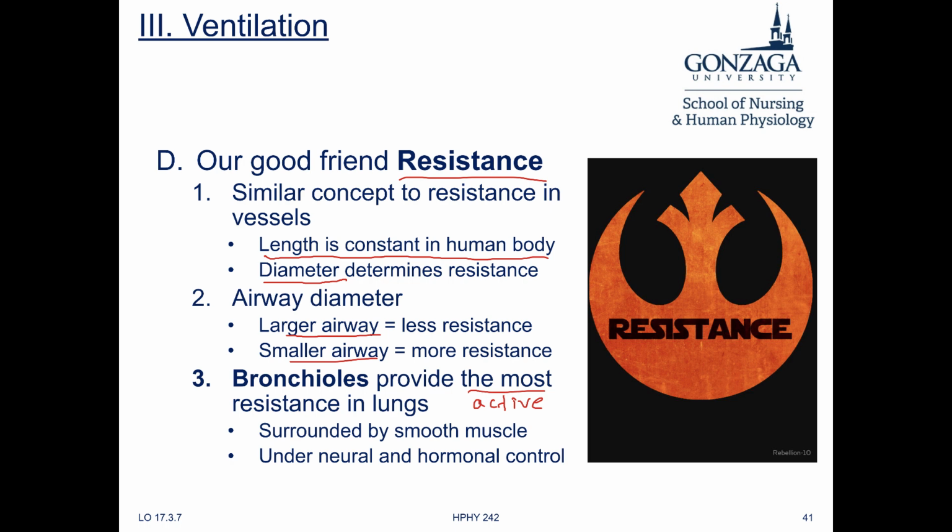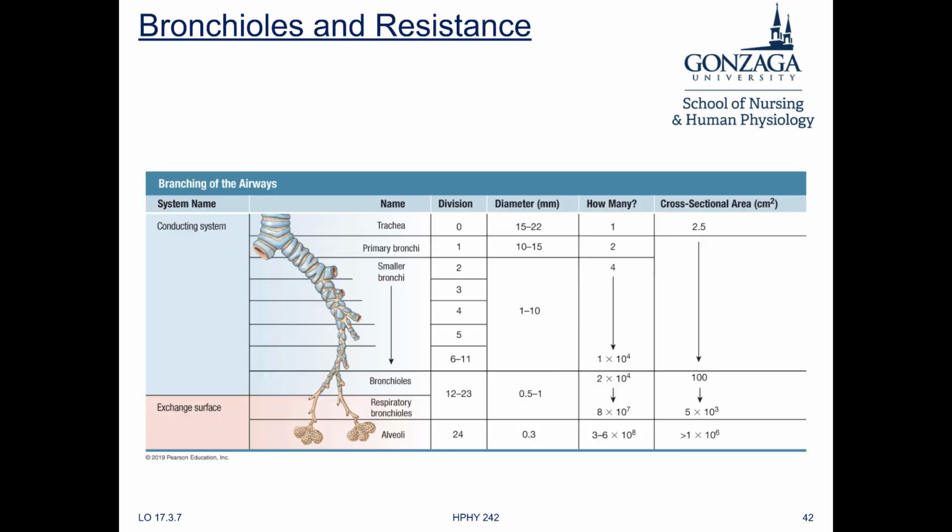Okay? So just as in the arterioles, the bronchioles are surrounded by smooth muscle, and because of that, these smooth muscles will respond to neural, hormonal, and paracrine control and either constrict or relax. And as they do that, it's going to dilate or constrict the bronchioles themselves.